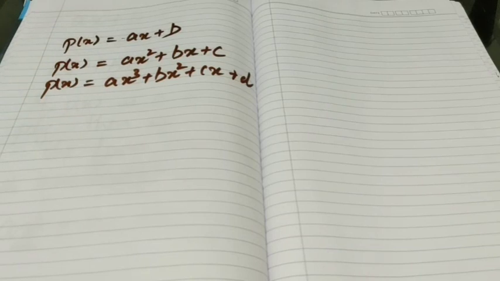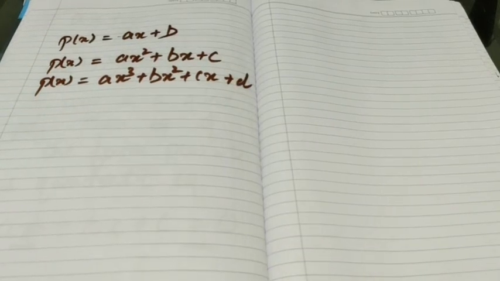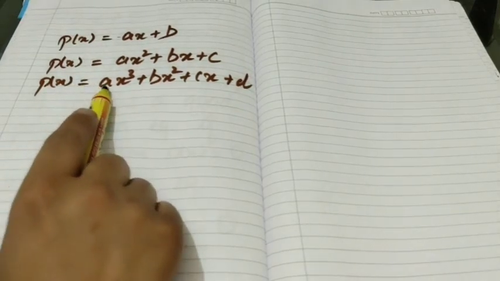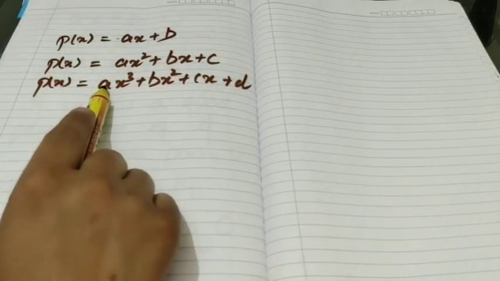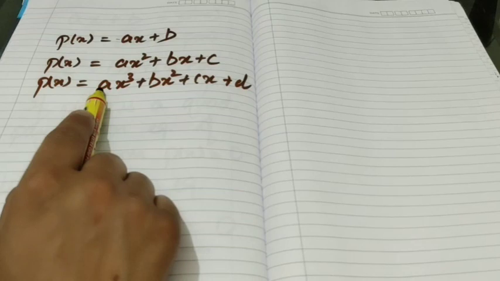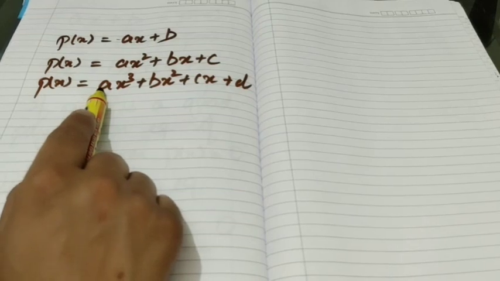The leading coefficient of any polynomial can never be 0, because in the case of this cubic polynomial, if the leading coefficient, that is the coefficient of x cube, becomes 0, then it will no more be a cubic polynomial, but it will turn into a quadratic polynomial.